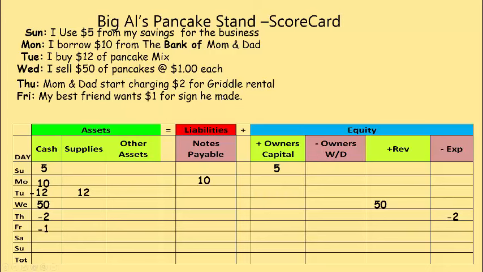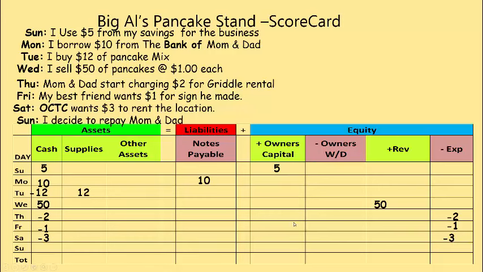So $1 goes out of cash, and $1 reduces owner's equity in the expense column. And then on Saturday, OCTC wants $3 to rent the location out in front of that ATC building. So cash goes down by $3 on the asset side, and it's another expense, so equity goes down by $3 on the expense column.